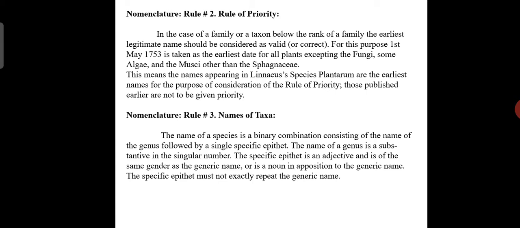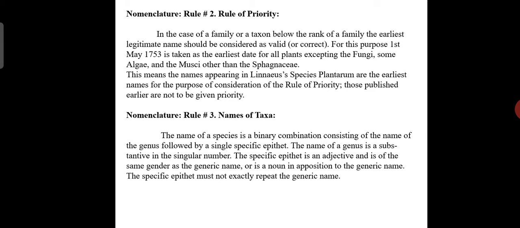The third rule is names of taxa. The name of a species is a binary combination consisting of the name of a genus followed by a single specific epithet. The name of a genus is a substantive in the singular number.